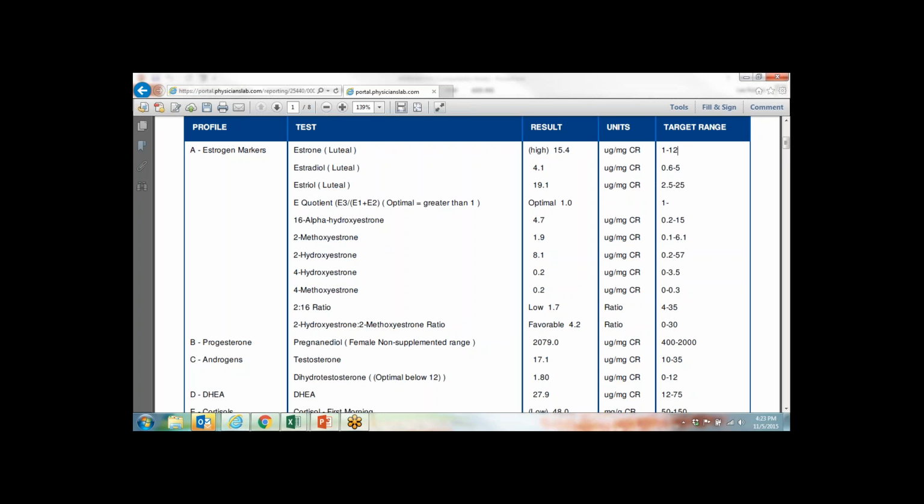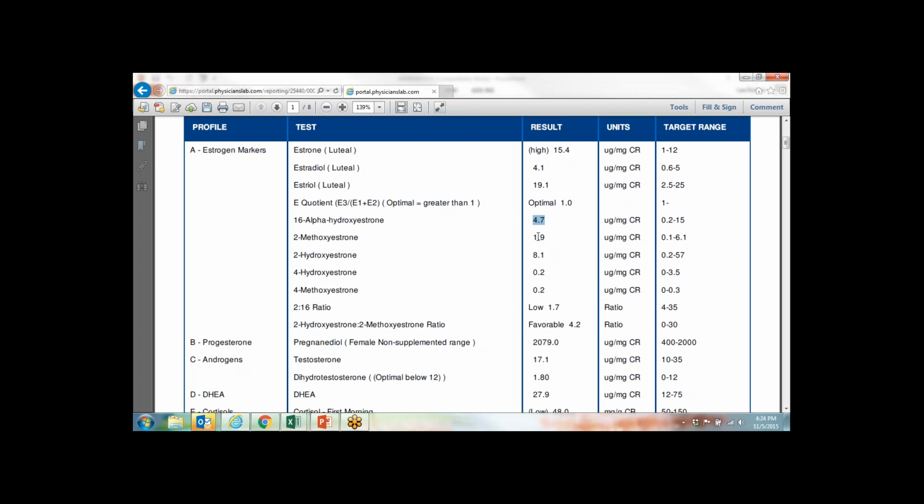And then when I look at the metabolites, my strongest binding metabolite, that inherits the most benefit and also the most benefit at the receptor, but also can contribute to those estrogen-dominant symptoms, is alpha-hydroxyestrone. And while I'm not really high in 16-alpha-hydroxyestrone, this is one of the strongest binding estrogen metabolites.